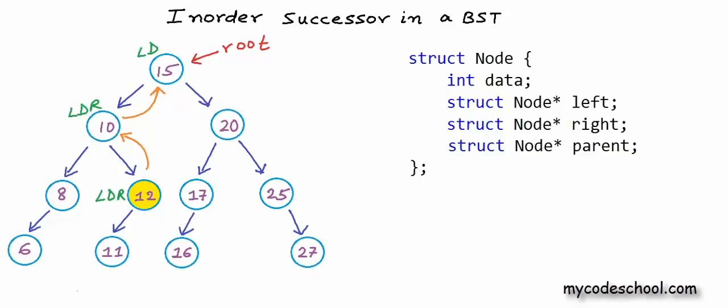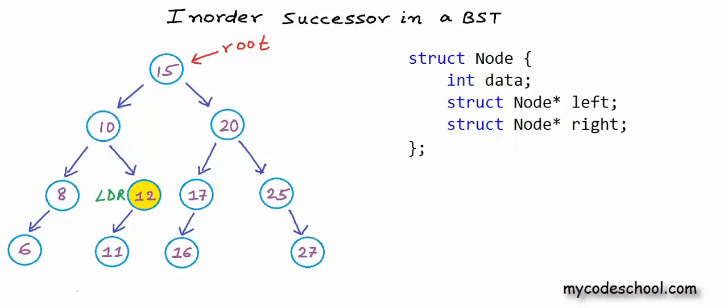But what if there is no link to parent? In this case, what we can do is we can start at root and walk the tree from root to the given node. In a BST, this is really easy. For 12, we will start at root. 12 is lesser than value in root, so we need to go left, and now we are at 10. Now 12 is greater than 10, so we need to go right, and now we are at 12.